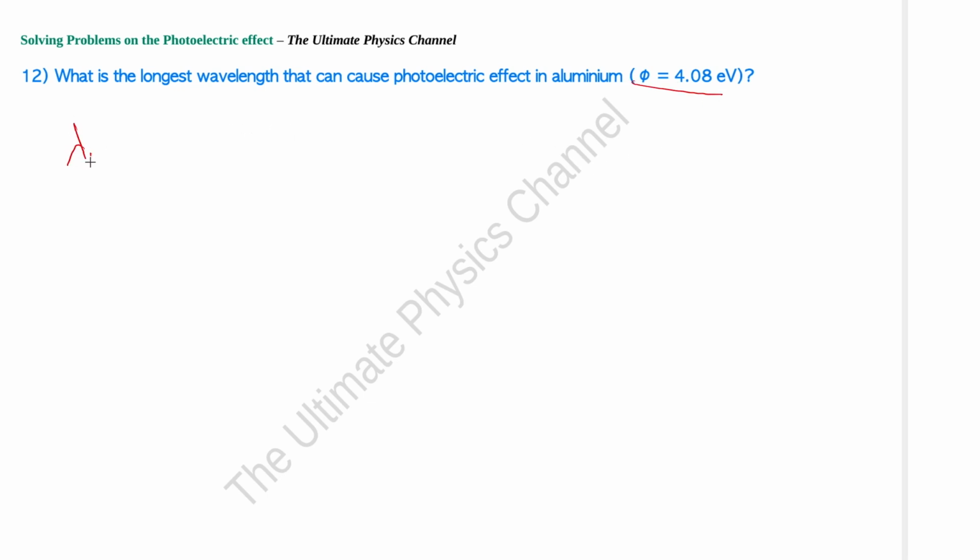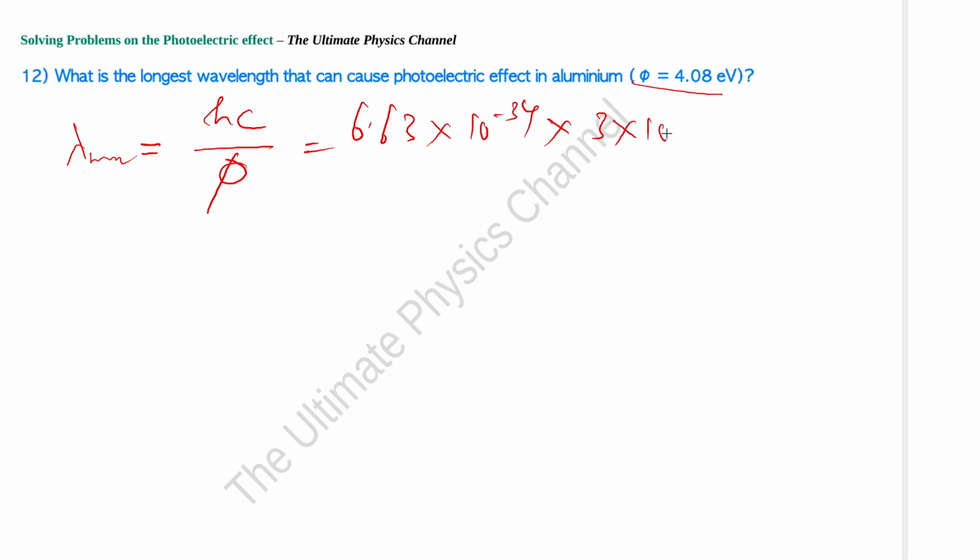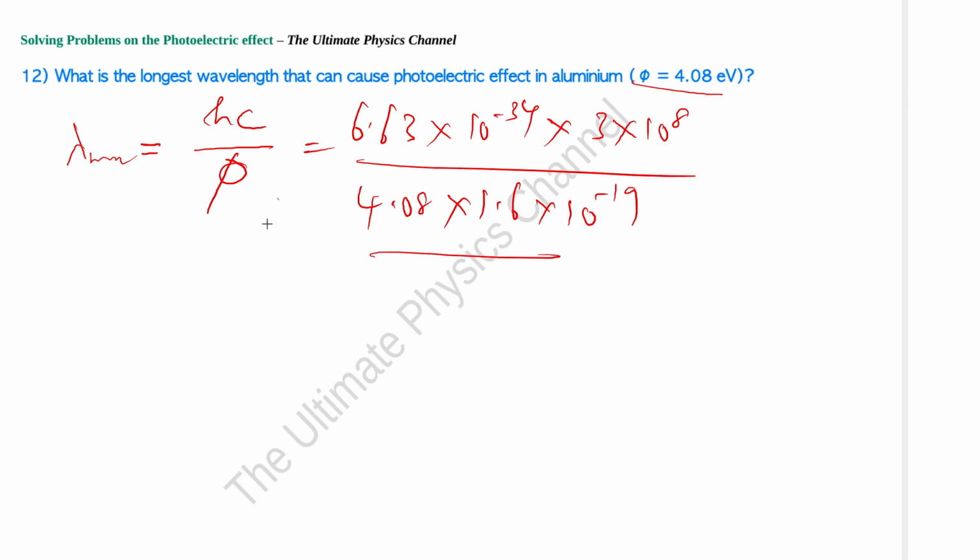The lambda max is going to be hc over phi, that is 6.63 into 10 power minus 34 for h, and 3 into 10 power 8 for c, over 4.08 times 1.6 into 10 power minus 19 for phi in joule units.